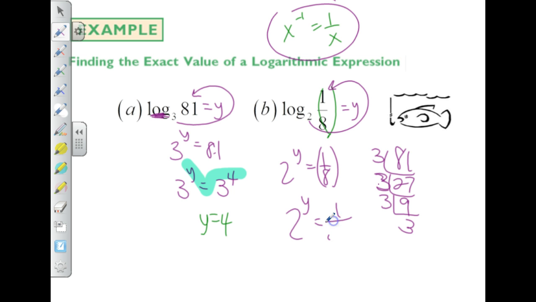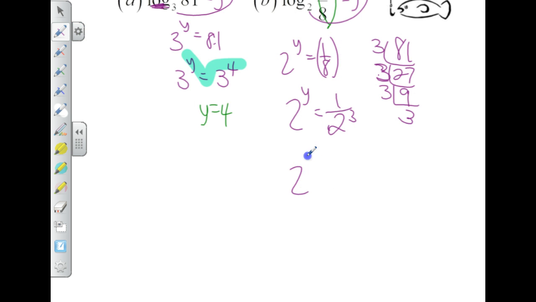This is really 1 over 2 cubed, because 8 is 2 cubed. So if I do the reciprocal, 2 to the y is 2 to the negative third, because when you see negative exponents, you put it in the denominator, but if it's in the denominator, you can put it in the numerator and change the sign. So the bases are alike now, so the only way the left side is equal to the right is if y is equal to negative 3.